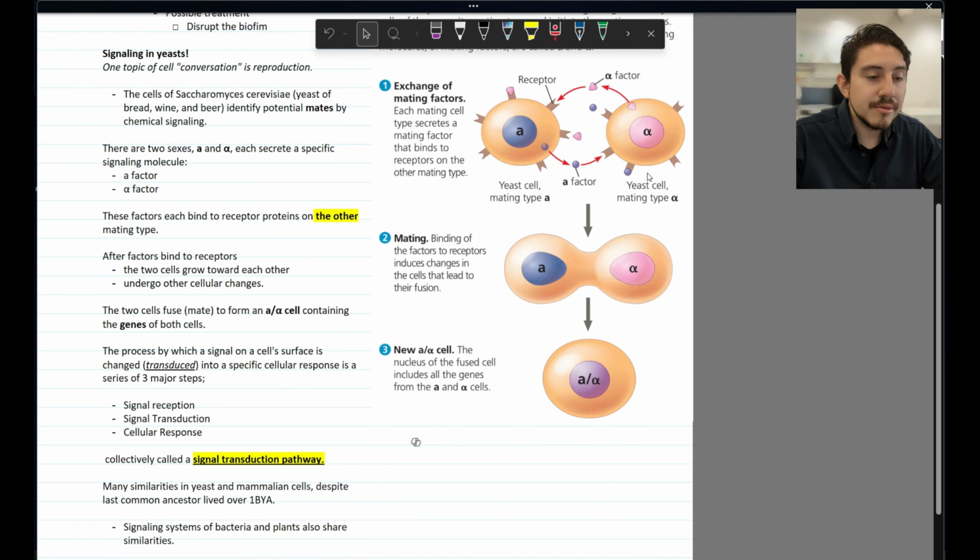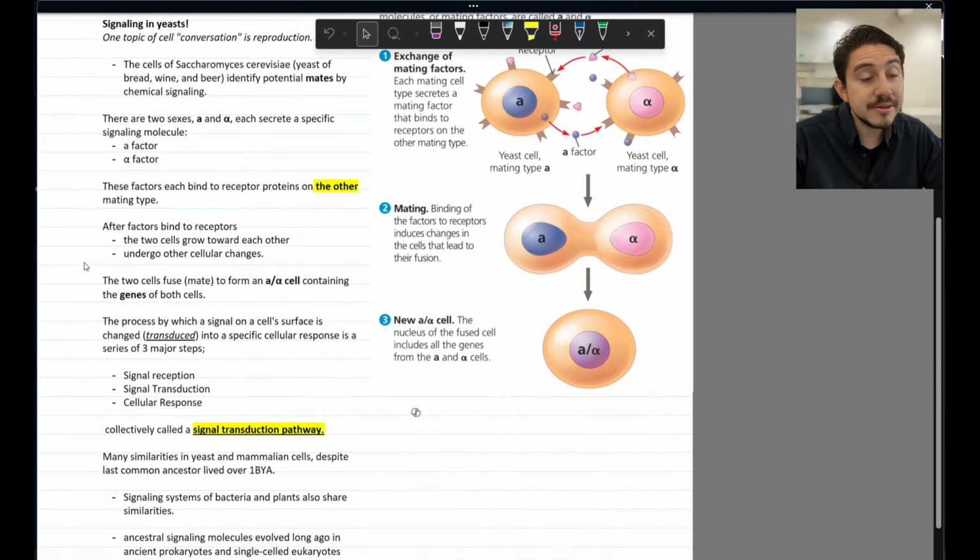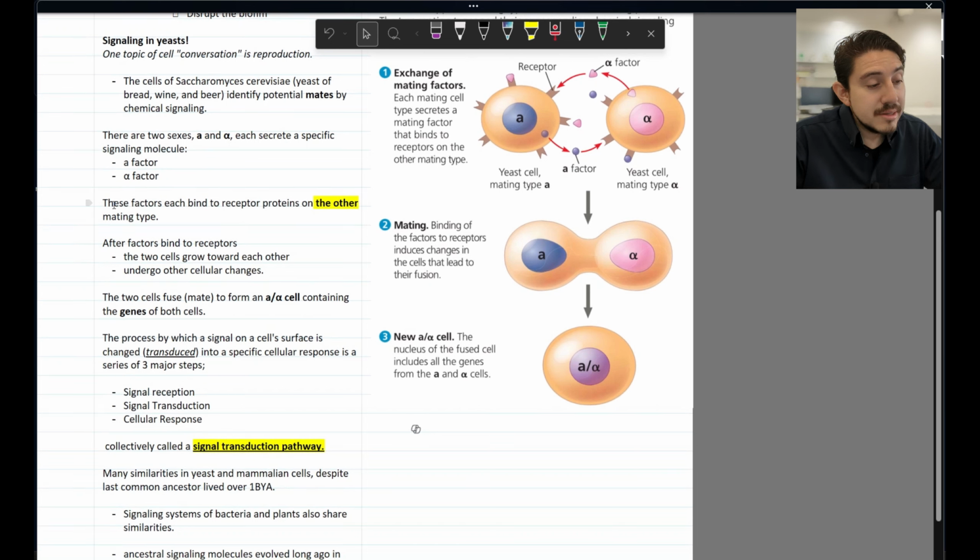The reason why they're called that is because they produce an alpha factor, so another X and Y type of factor there. The thing about this is that these factors are produced by these cell types, but their receptor is only on the other cell type.